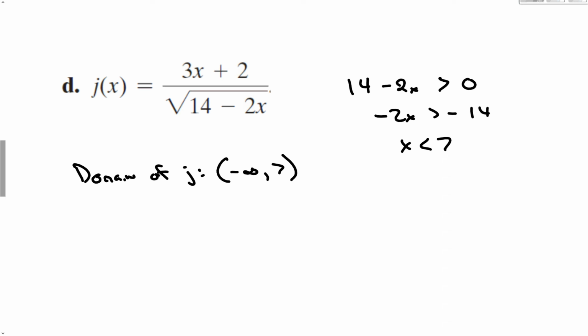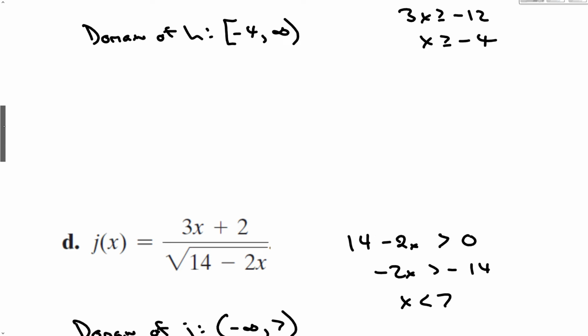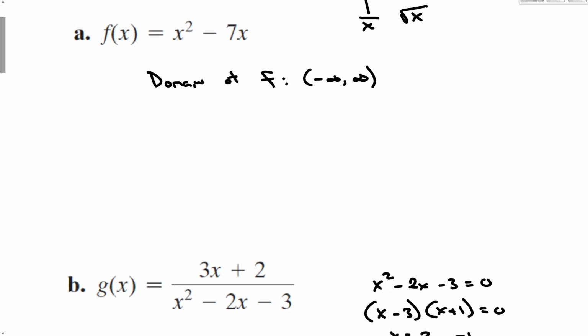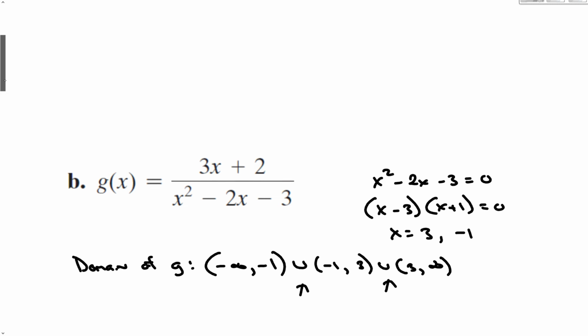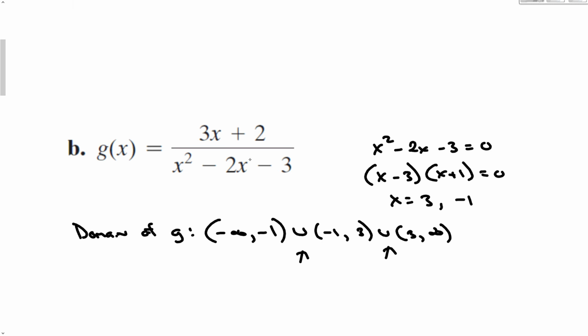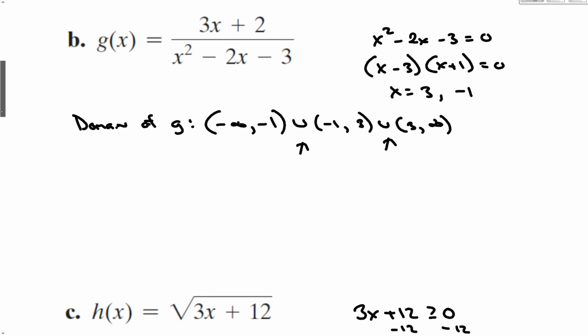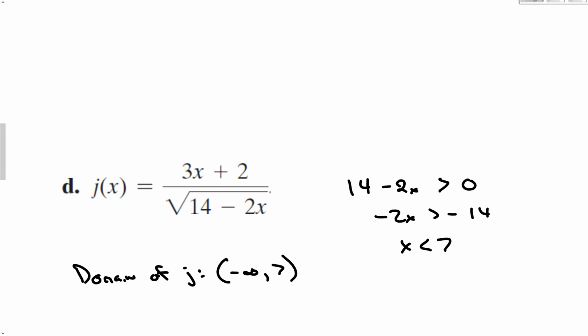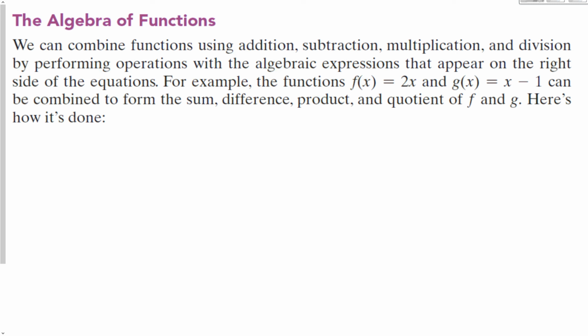So those are our basic situations about how to tell a function's domain, right? When we have something with no special characteristics, when we have something with a 0 in the denominator, with a regular radical, and with a radical in the denominator. Okay, so let's move on now to the algebra of functions.